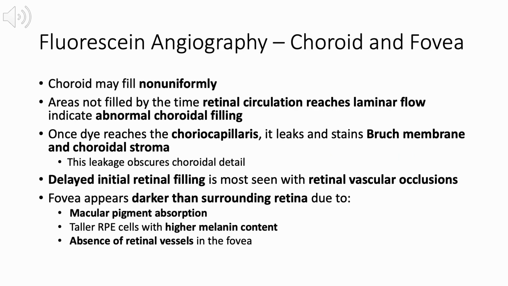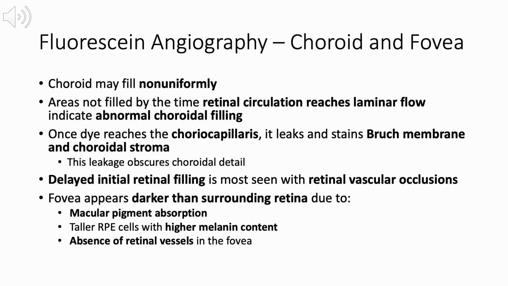As fluorescein angiography progresses, careful attention to choroidal and foveal findings provides important diagnostic information. The choroid may fill in a non-uniform pattern. If areas of the choroid remain unfilled by the time the retinal circulation has reached the laminar flow phase, this indicates abnormal choroidal filling.